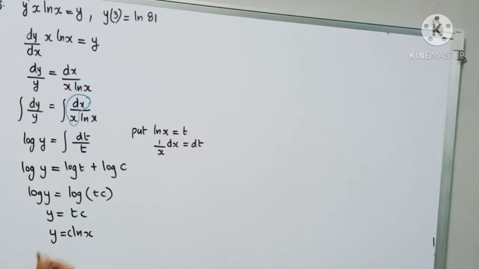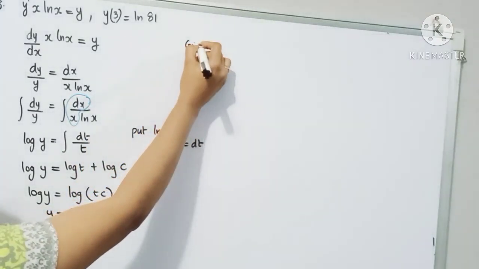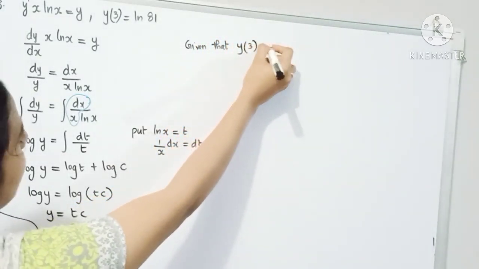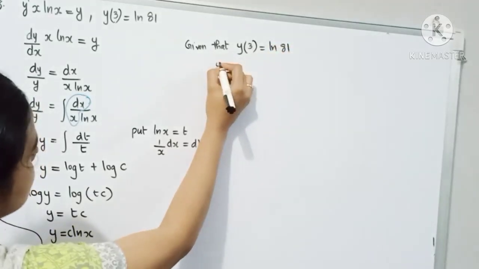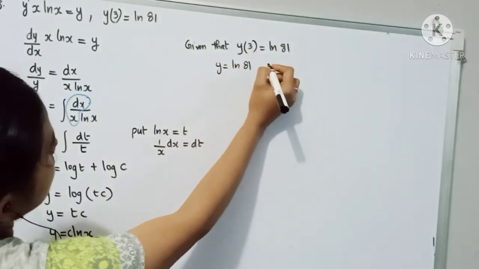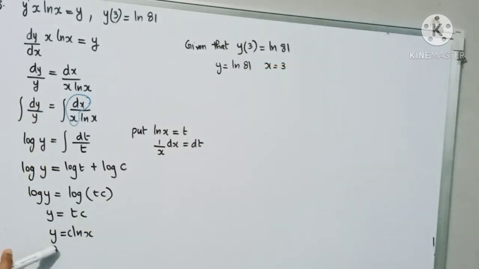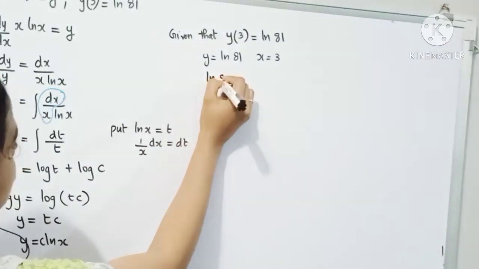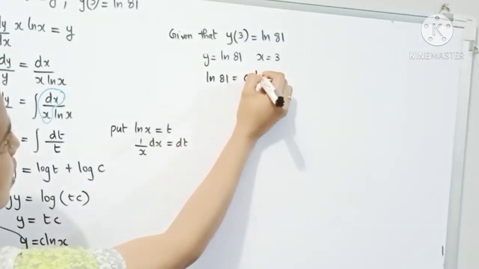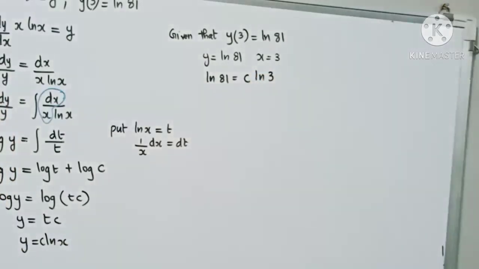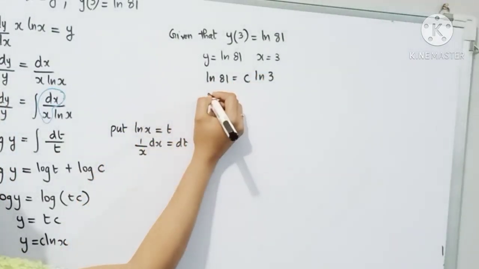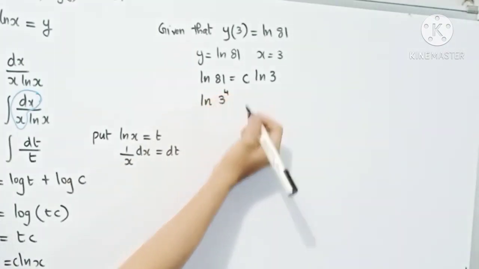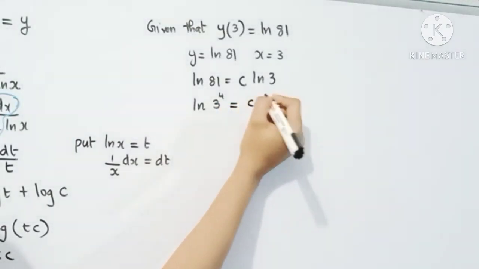Now it is given that y(3) = ln 81, that is log 81. That means y = ln 81 when x = 3. Now substitute in our general solution: log 81 = c log 3. Now 81 can be written as 3⁴, so log 3⁴ = c log 3.